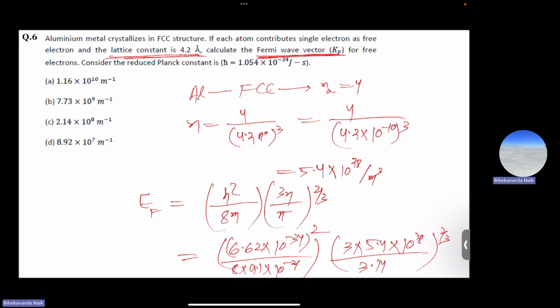If you calculate, EF will be 8.36 into 10 to the power minus 19 joule.